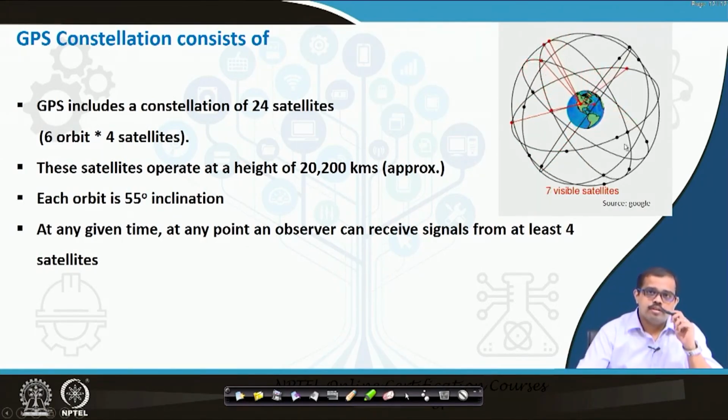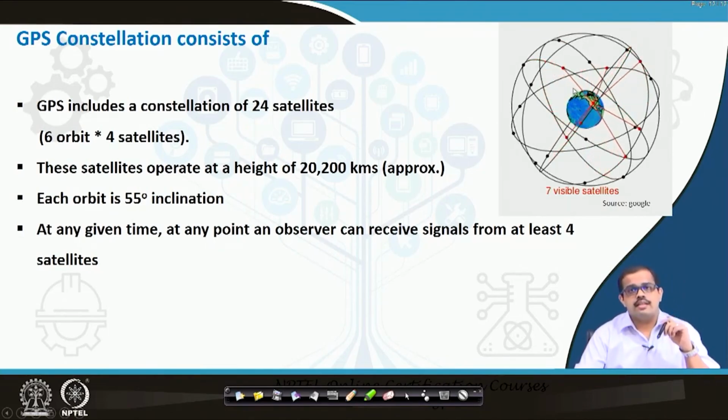Here the Earth is rotating, and you can see these red signals, which represent the satellite signals on every point on the Earth's surface. If you see below, this shows how many satellites are visible at any point on the Earth's surface. As it moves, you have at least 4 to 8 signals.